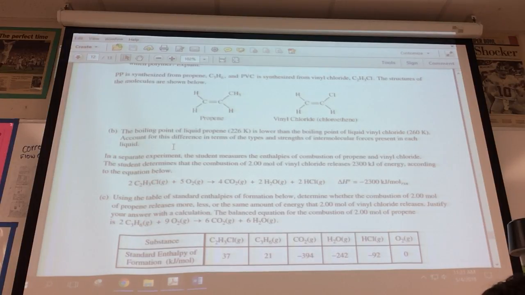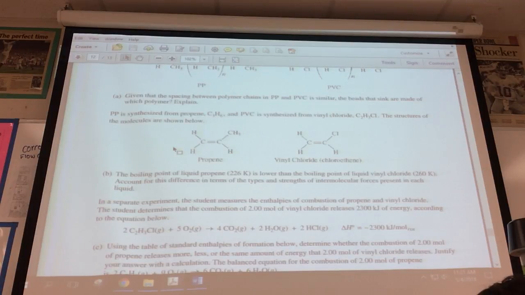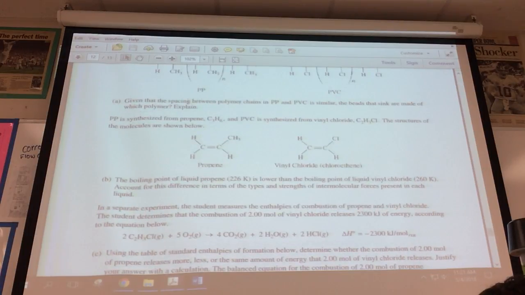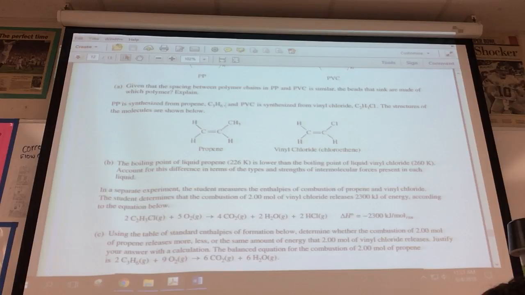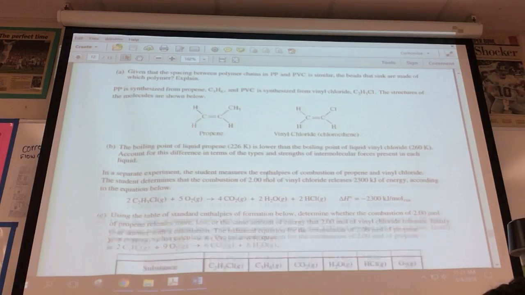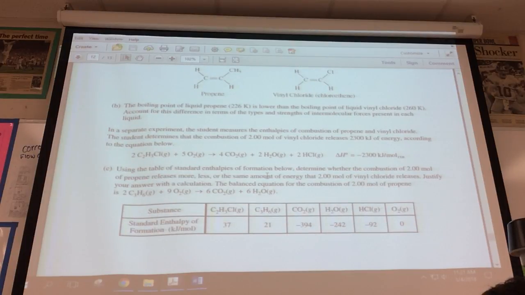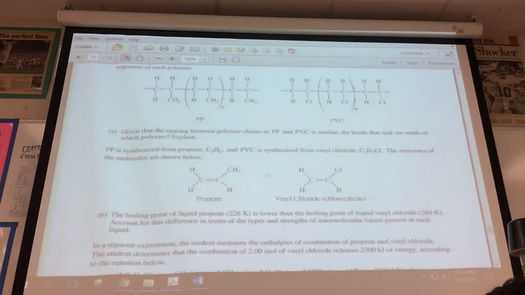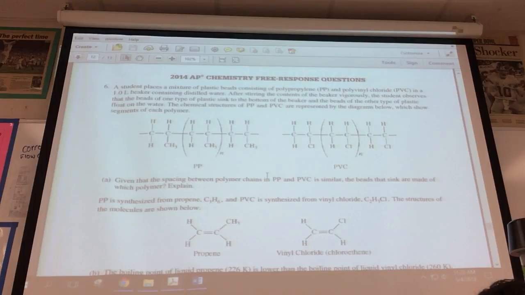And again, the questions are just all over the place. This question's on density. This question is going to be on polarity and intermolecular forces. And how would you do part A? It says a student places a mixture of plastic beads consisting of PP and PVC. Many of you, I'm sure, have heard of PVC piping, right? In a 1 liter beaker containing distilled water.